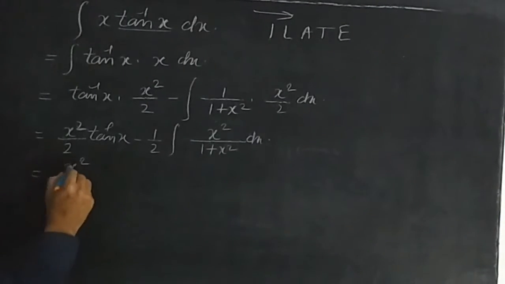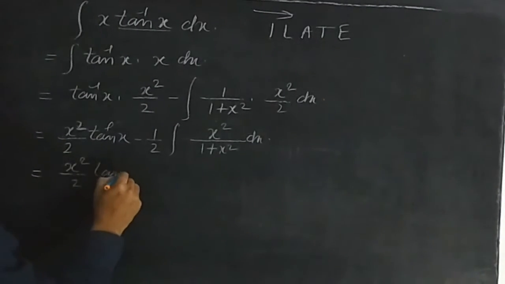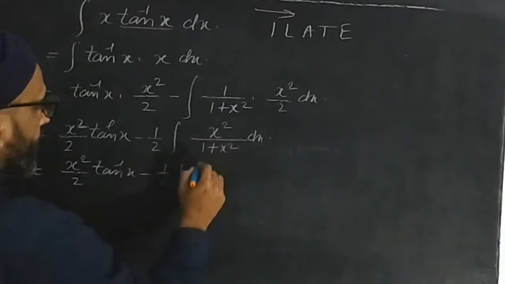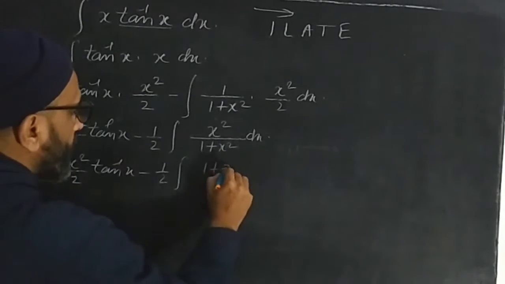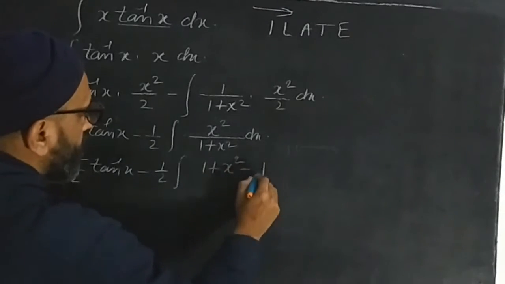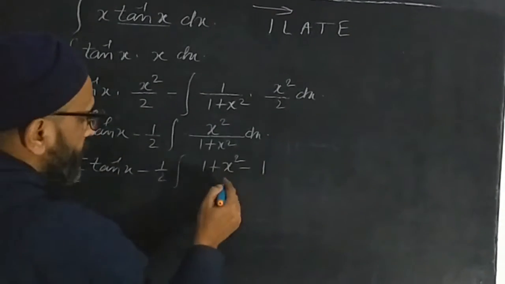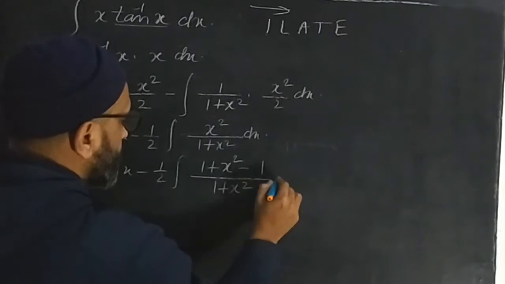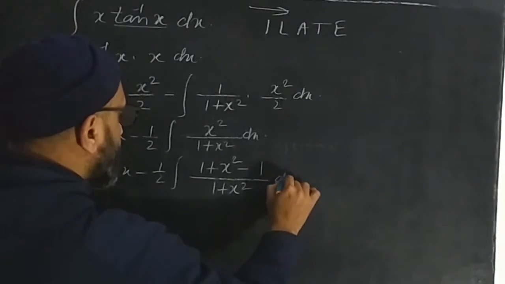So x square upon 2 tan inverse x minus half, and as you see, x square may be written as 1 plus x square minus 1, because we have simply added and subtracted 1. In the denominator we have only 1 plus x square dx.